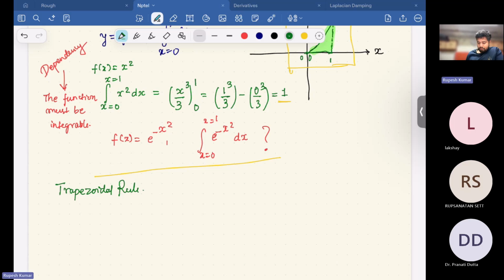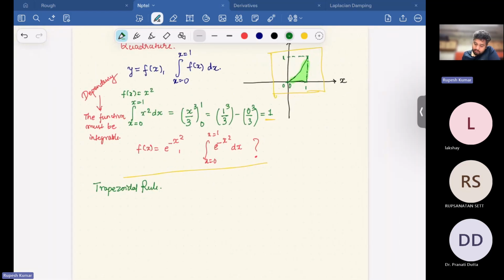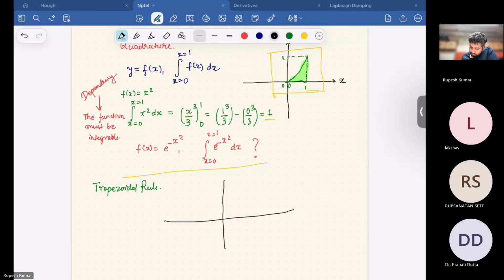So let's start with the trapezoidal rule here. So let me first take the plot again and then show you the intuition behind the trapezoidal rule. This is the x-axis, this is your y-axis, right?